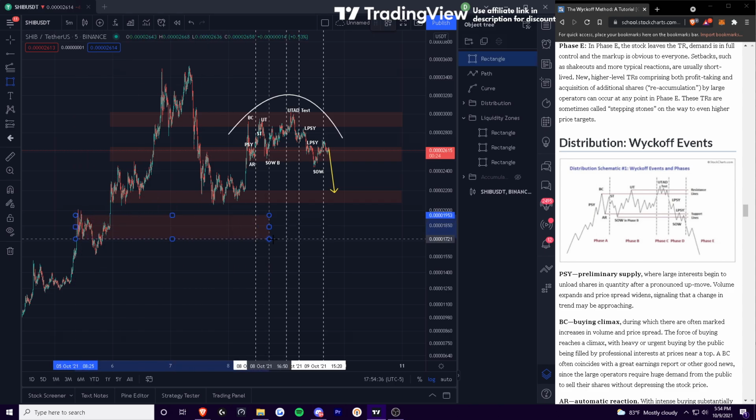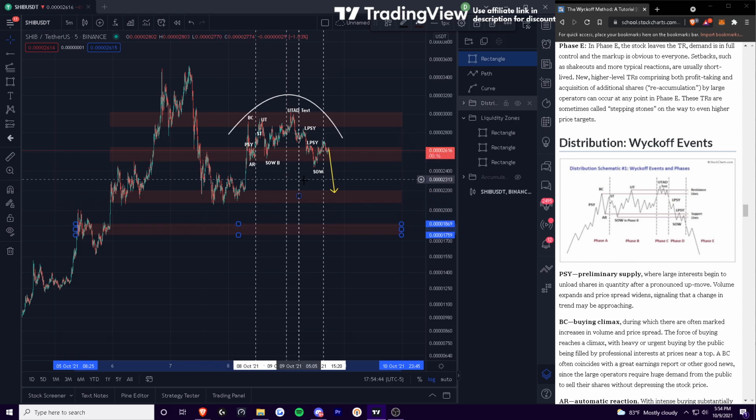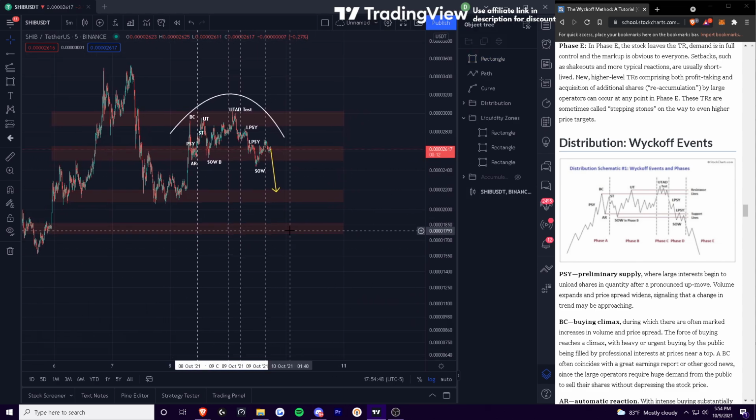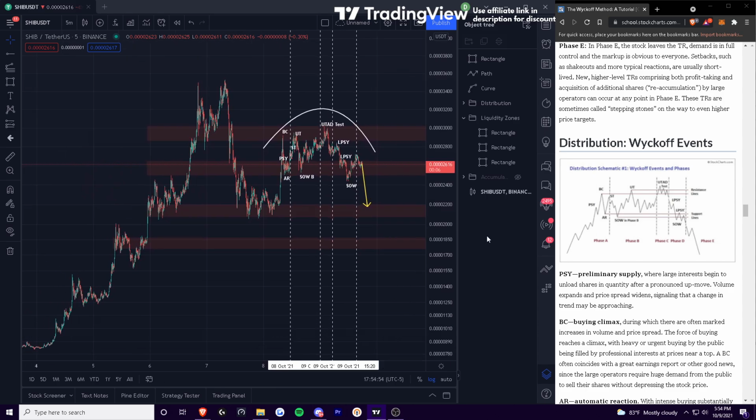Perhaps here, like a heavily traded region. And you'll see maybe another accumulation play out, maybe another distribution play out, et cetera, and it'll keep going on and on.